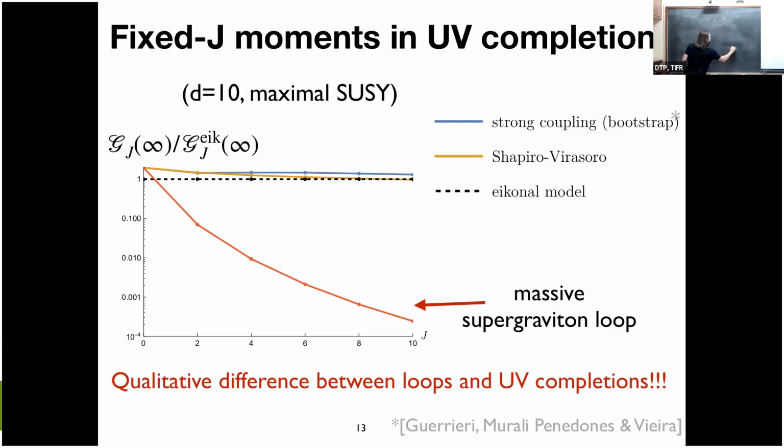So for black hole physics, you get the integral of a curve that looks like this. On the other hand, if you take the eikonal model, you have rapid oscillations. Instead of being 1, you have 1 plus a cosine.